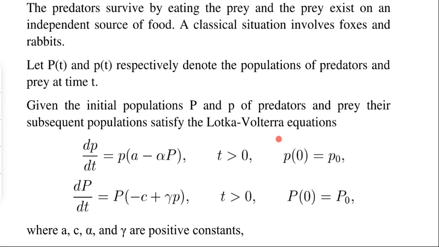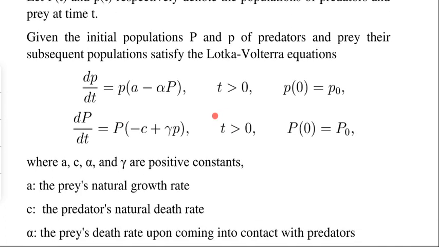Based on the works of two scientists, Lotka and Volterra, we will have this system of ordinary differential equations. Here, the parameters A, C, alpha, and gamma are four positive known constants.